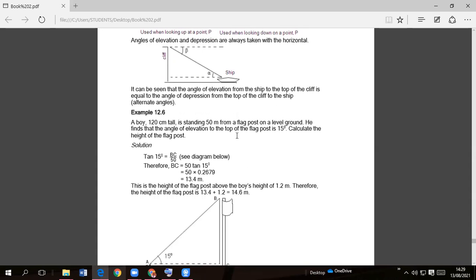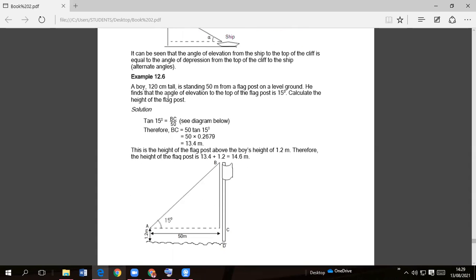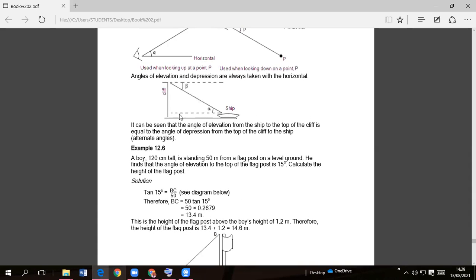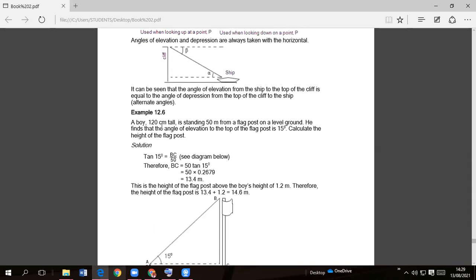So we are going to look at some examples here, and then we shall proceed to other things. So we have example 12.6. They are talking about a boy. The boy is 120 centimeters tall and is standing 50 meters from a flag post on the ground.